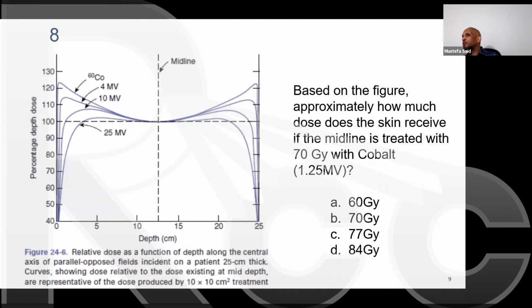So to figure it out, just multiply by 1.2. If you take 70 and multiply it by 1.2, you're going to end up with 84 gray. Then when you come to the 4 MV, again you multiply that 70, it's going to be lower. And the 10 is going to be even lower when it comes to the skin dose. Whenever you increase the energy, the skin dose goes down.